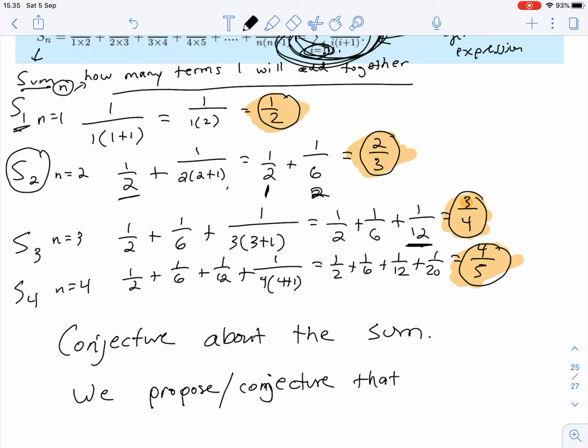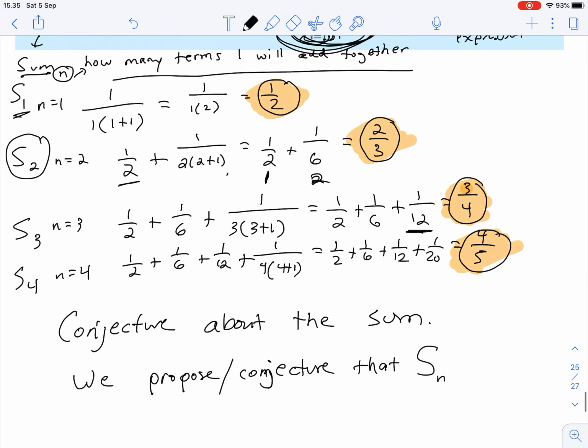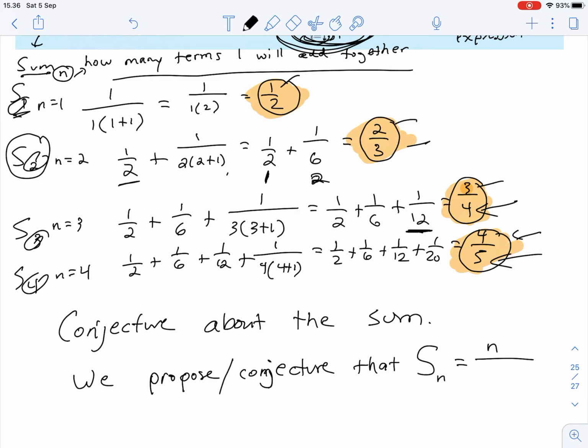that the sum of the first n terms will always be, and look at our pattern here. You can see that whatever term that we have, 1, 2, 3, 4, that's just going to be in the numerator. So that would be n, and then the denominator is just the numerator plus 1. So n plus 1.